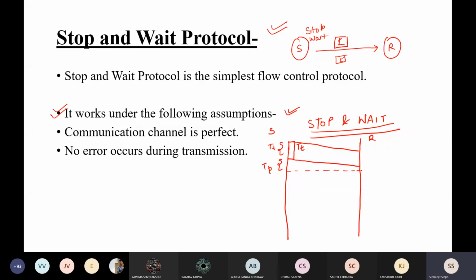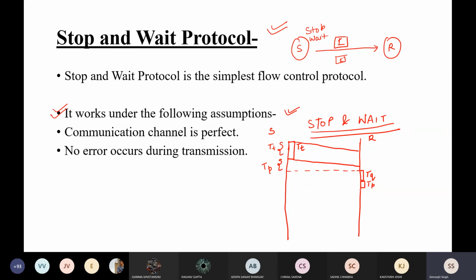There will also be queuing time and processing time, which we usually ignore, but for the sake of including all the times in the calculation, I'm including them. So there will be TQ, the queuing delay, and then the processing delay, at the receiver side. After a particular queuing or processing delay, you have to send the acknowledgement towards the sender.